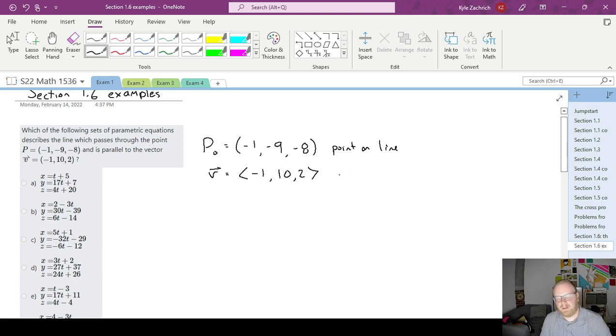Here's the point on the line, here's my direction vector, because that's what it means for a line to be parallel to a vector. Here's that vector V, here's my line parallel to it.